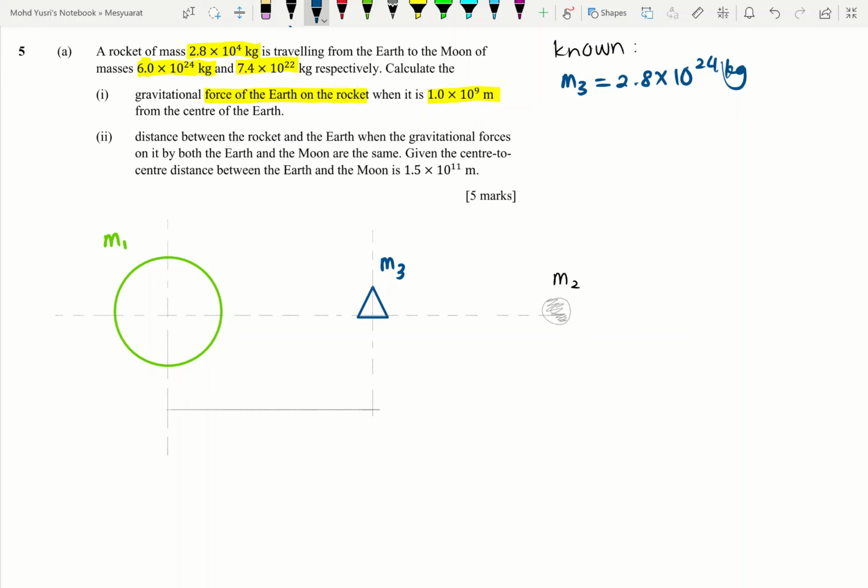the Earth, M1, is equal to 6.0 exponent 24 kilogram, and the Moon, M2, is 7.4 exponent 22 kilogram.